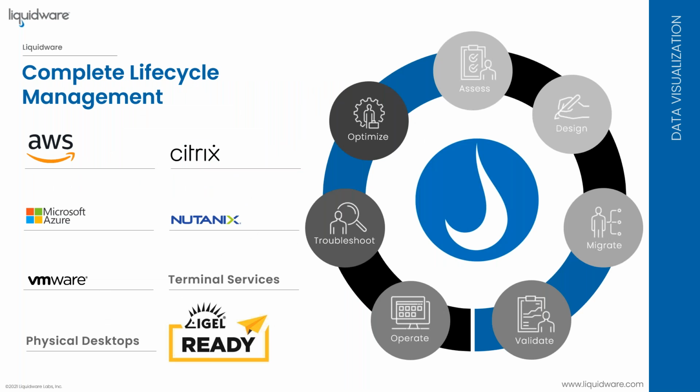So quick overview of where we play. Obviously, we're not a platform. Our 3 solutions are here to offer a complete lifecycle management. So we typically get involved at different stages of your desktop journey, or your desktop transformation journey, whether it's at the beginning and you're moving from, let's say, physical to virtual, virtual to cloud, or just one platform to another, where you need to understand and assess what do you have, what do you need, so you can successfully design the best solution possible.